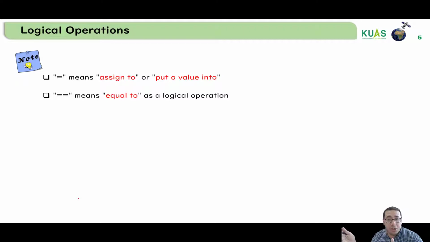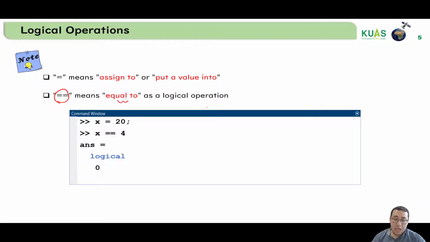And as I mentioned, one equal sign means assign, or put the value into a variable. But two equal signs mean equal to, a logical operation. For example, if I say x equal 20, this is an assignment, the first case.